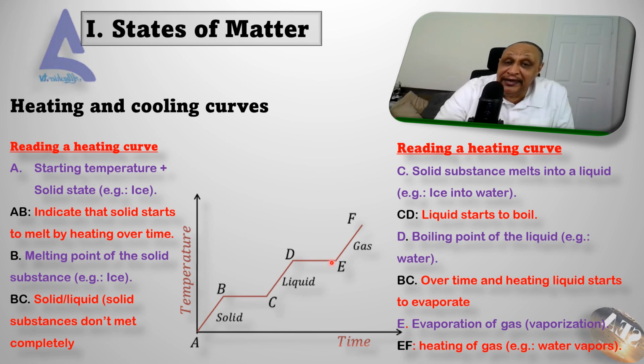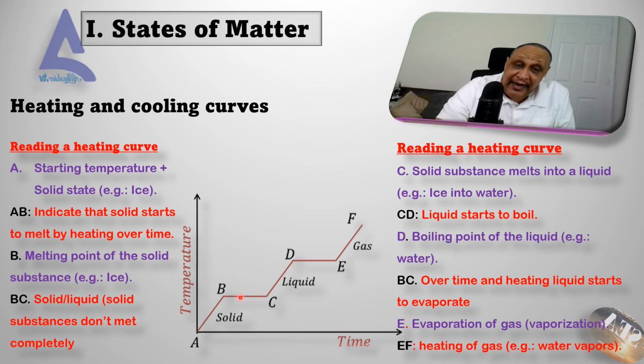And then when it comes to E, the liquid is completely transformed into gas, and then we heat the gas till the end. So we start with the solid and end with the gas. So we have solid, liquid, and gas, the three states of matter.